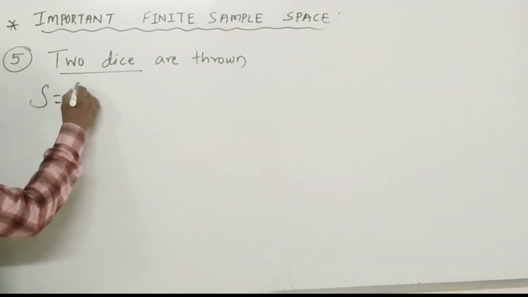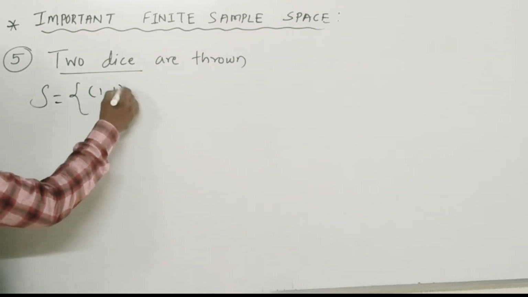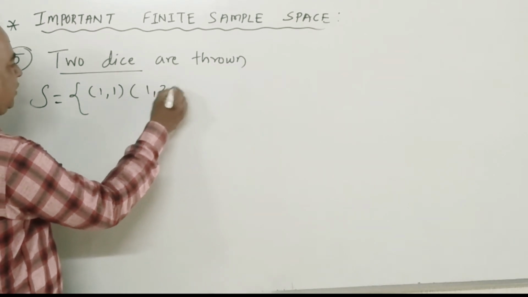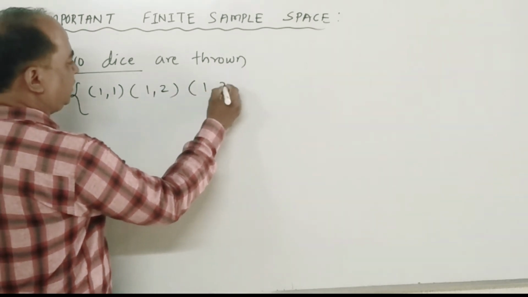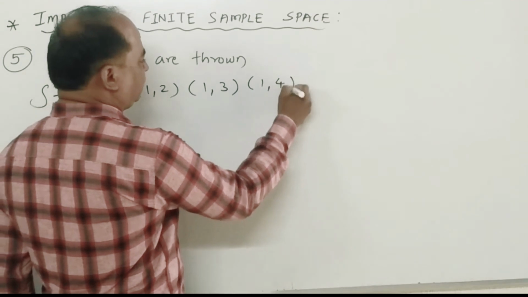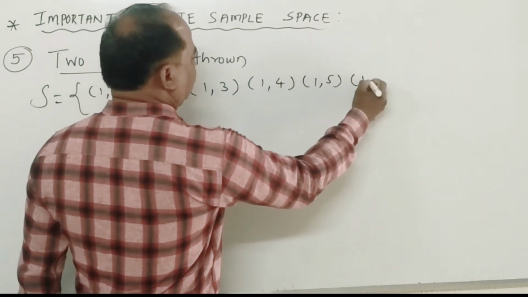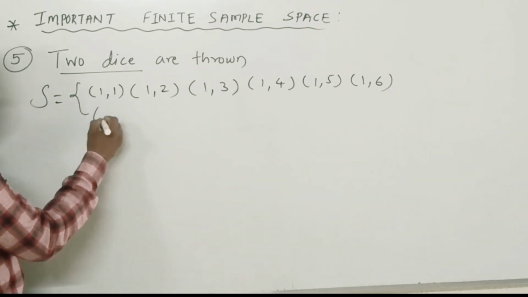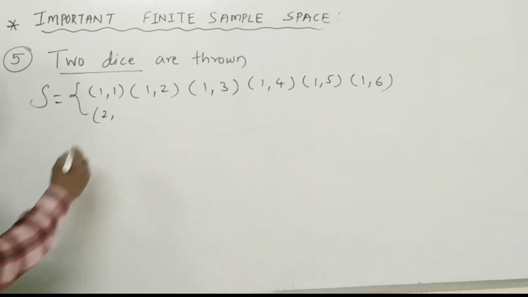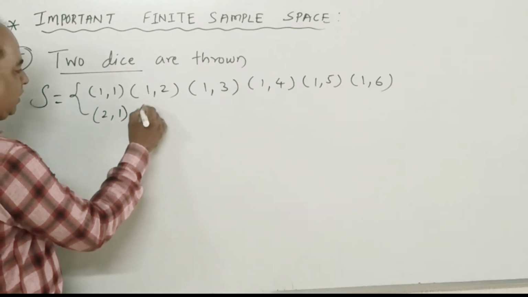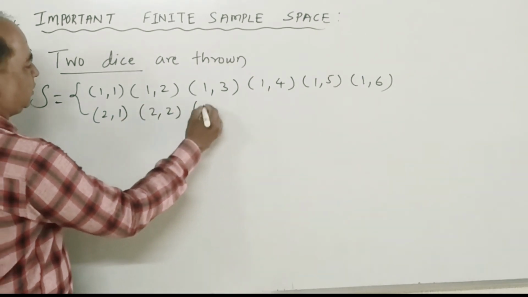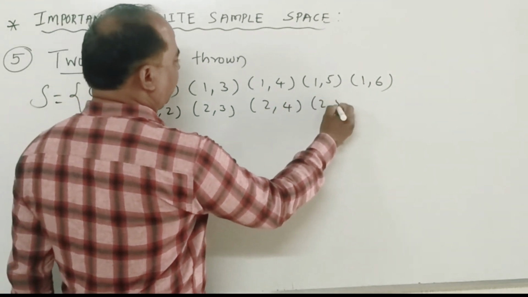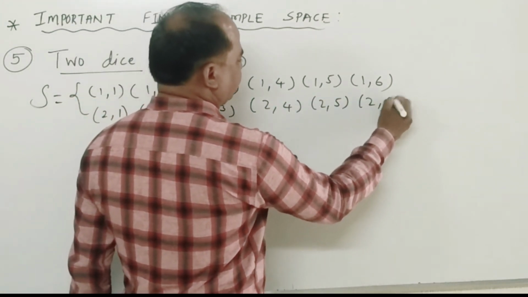So S will be: first die fixed 1, second die 1, so (1,1), (1,2), (1,3), (1,4), (1,5), (1,6). Then on the first die we change the outcome, we fix 2: (2,1), (2,2), (2,3), (2,4), (2,5) and (2,6).